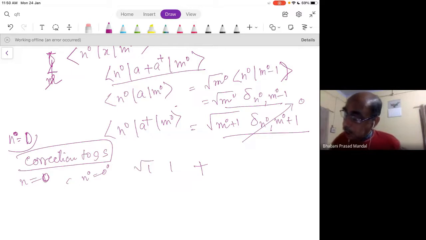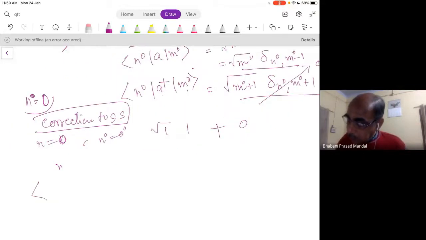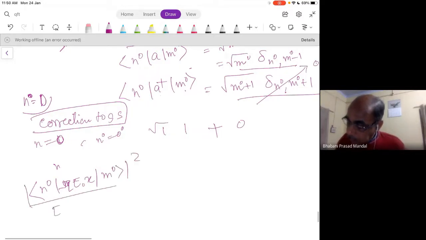Because m cannot be minus; only then would it survive. So this is 0. So what is the whole term I get? n0 minus q E0 x m0 mod square over E n0 minus E m0.